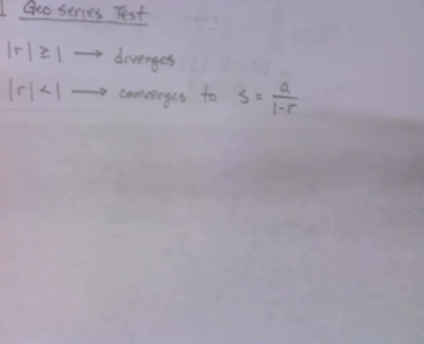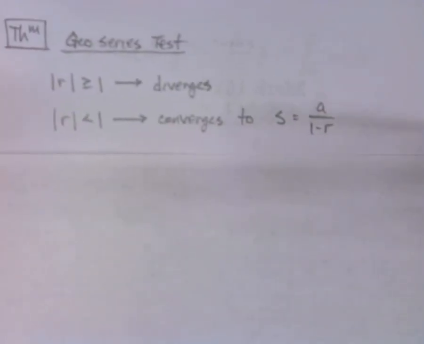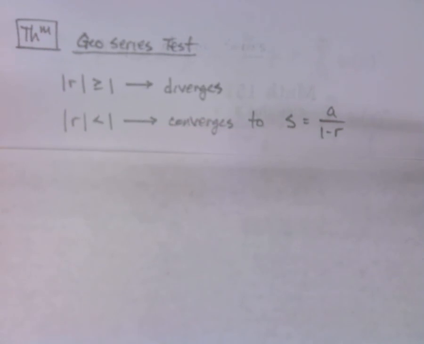Oh, actually, before we get to examples, we're going to see the geometric series test. Okay, this is great. So somebody already went through the trouble of thinking about every type of geometric series and when it would converge and when it would diverge.